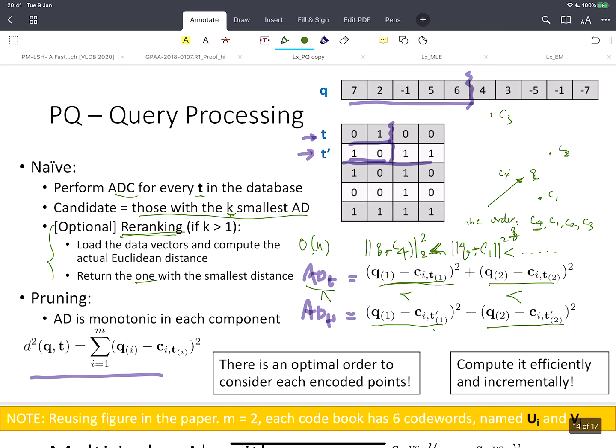The hard part is doing this efficiently and incrementally. Even if there is an optimal sequence, you don't want to compute it in its entirety, because most likely you only need the beginning part of it. But you don't know how many entries you need before you find a satisfactory answer. So you want to calculate this incrementally, in the sense that you ask for the next tuple with the smallest AD.